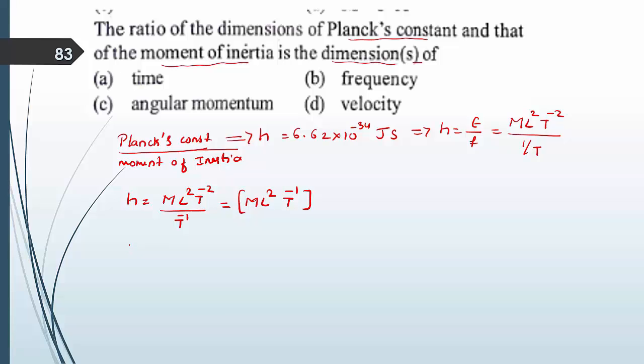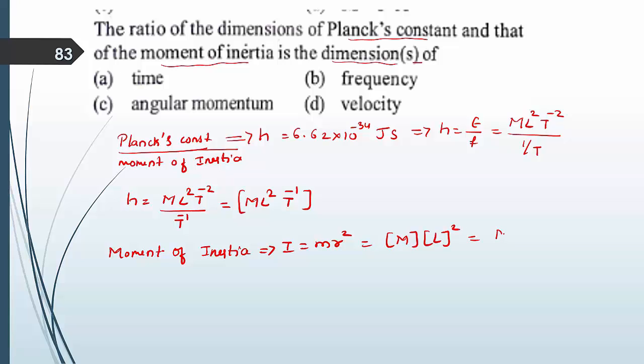For moment of inertia, we know that moment of inertia is denoted by the symbol I equal to m r square. It is the product of mass and square of position vector. I equal to m r square. Mass, that is M, r square, radius, that is L square.